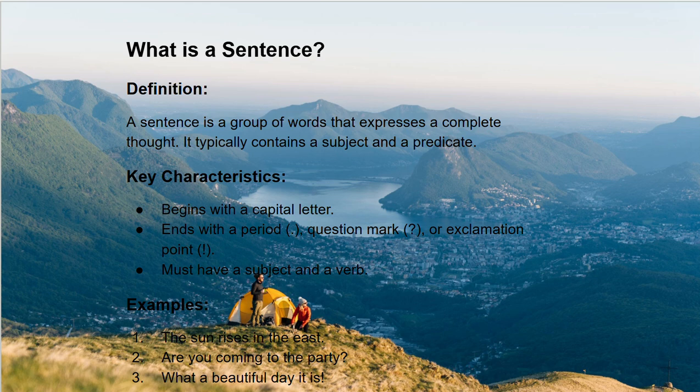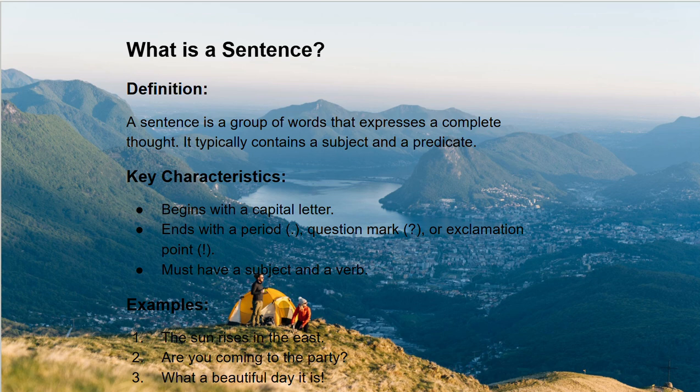The key is that every time we should use a capital letter when a sentence starts, and end with a period, or a question mark for a question. For an exclamatory sentence we will use an exclamation sign.